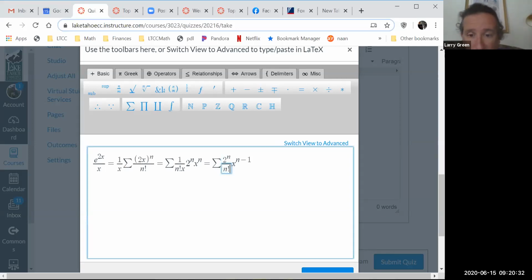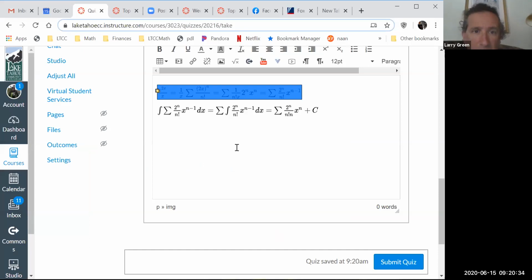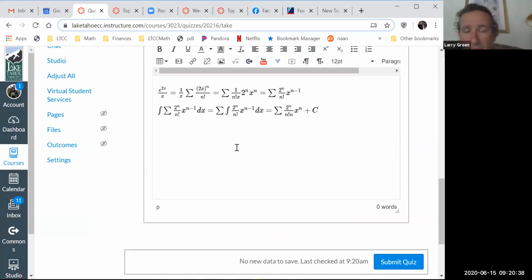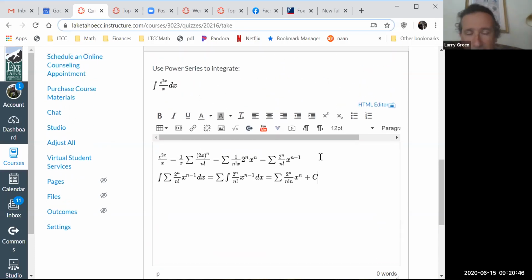Any questions at all on this? And this is an indefinite integral, so don't even think about trying to find the constant, because that you can't do. Any questions on that? Okay.